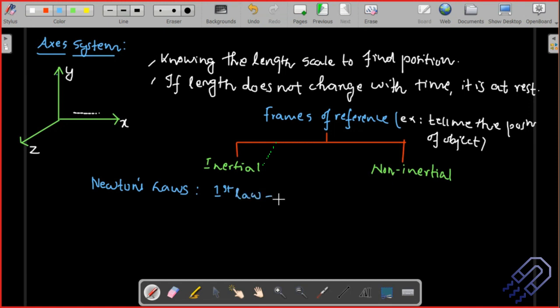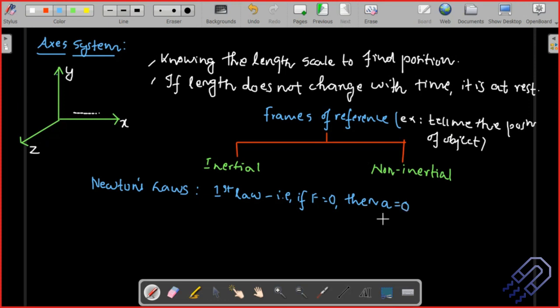The first law is, if F is equal to 0, then A is equal to 0.